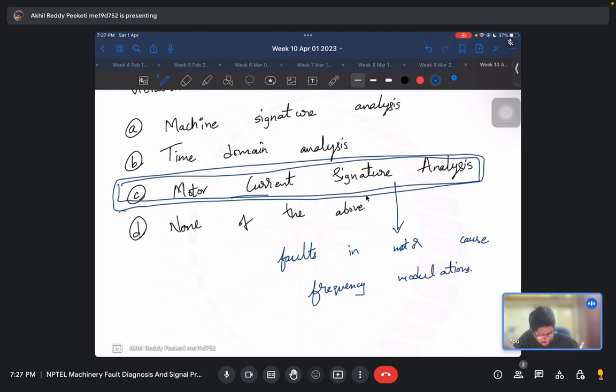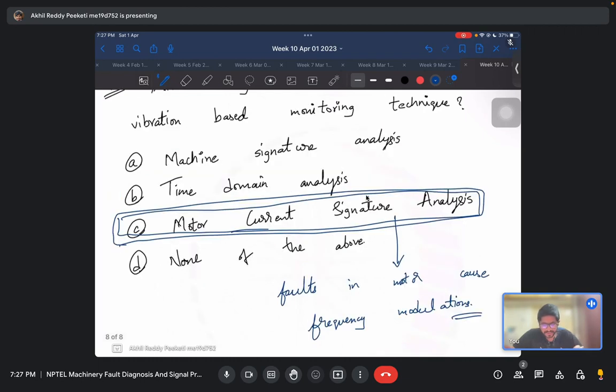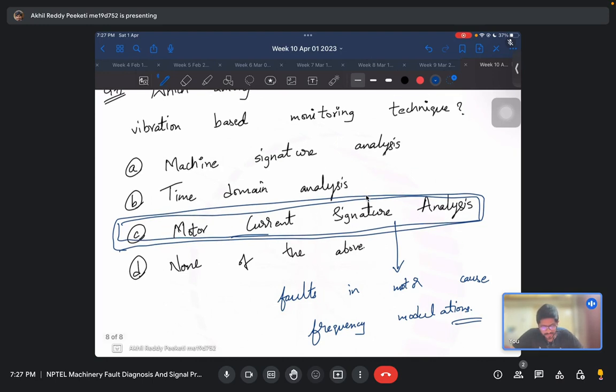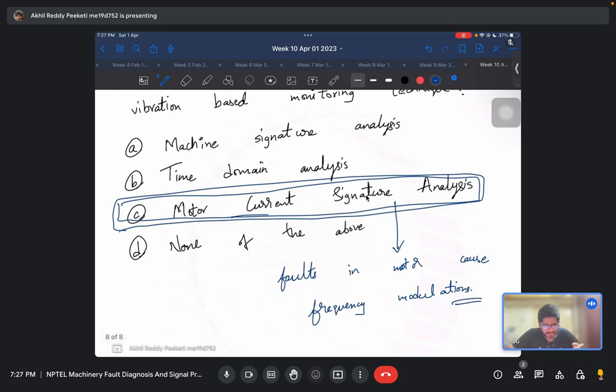By comparing the current signal of a faulty motor with an ideal motor, you can identify what kind of characteristics a faulty motor has. With this, you can test different kinds of faults and how the current signature varies, and then you can identify those faults later on. Usually the faults in a motor cause frequency modulated signals.